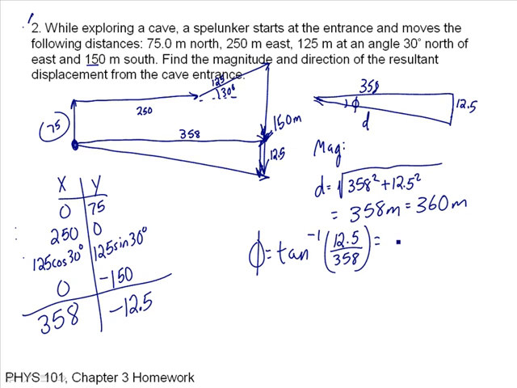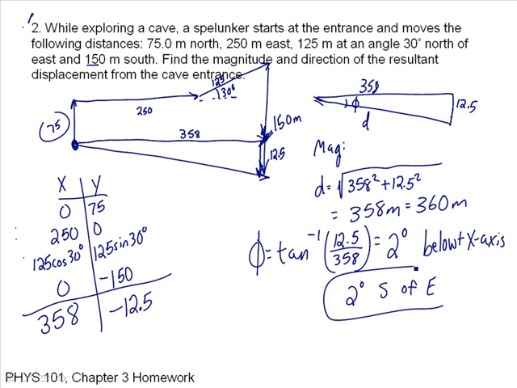If I do that, my calculator should be in degree mode. Comes out as 2 degrees. That's 2 degrees below the positive x-axis, but in fact here we're talking in cardinal directions, so it's actually 2 degrees south of east. So that's the answer for the angle, that's the answer for the magnitude.